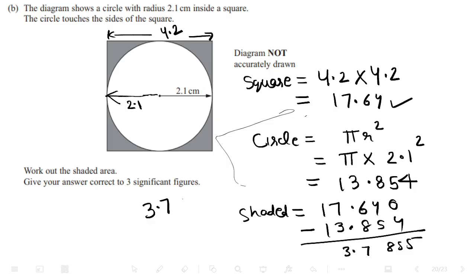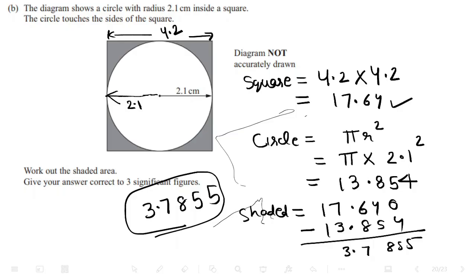Okay, so 3.7855. Can you tell what the three significant figures will be? Basically the answer is this, but we have to round it to three significant figures.